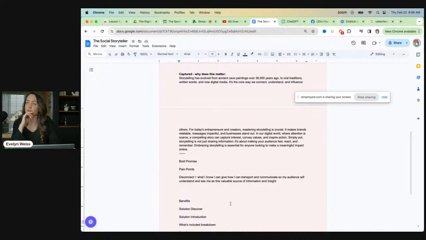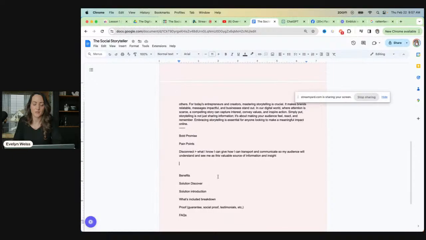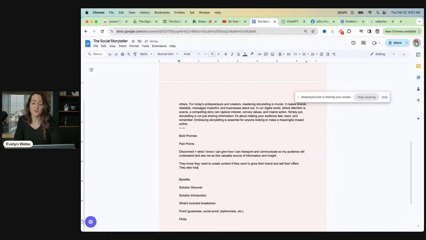I don't think we're on the right track here. Because where is our audience? Our audience knows they need to create content. So let's zoom in on the before, right? Pain points are always with the before. So where are they? They know they need to create content if they want to grow their brand and sell their offers. They also have enough ideas.